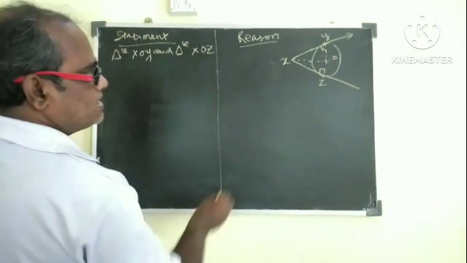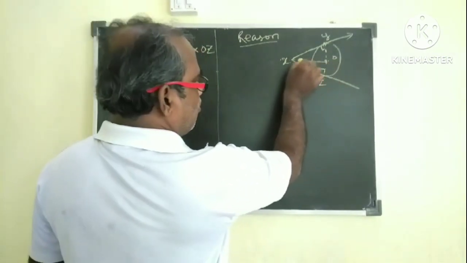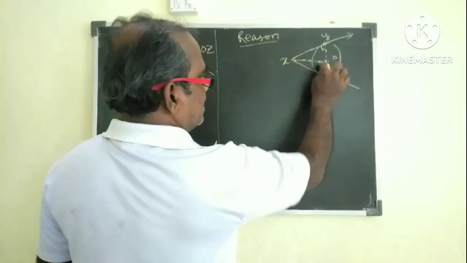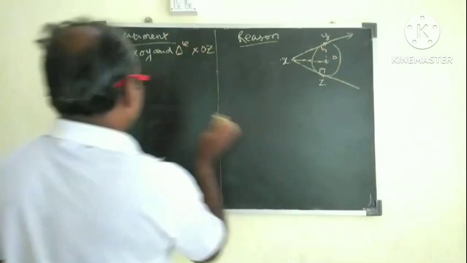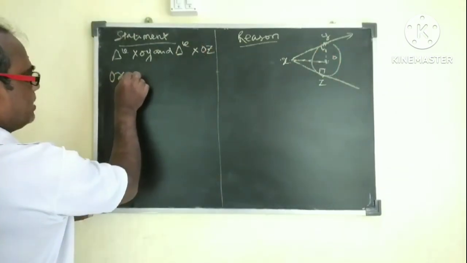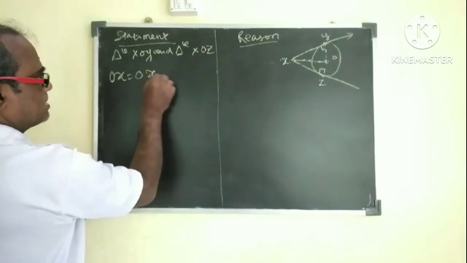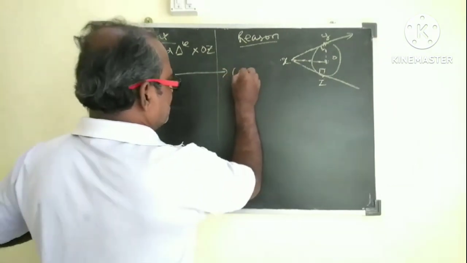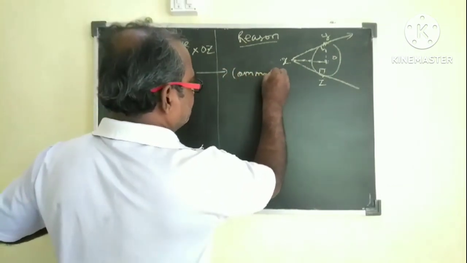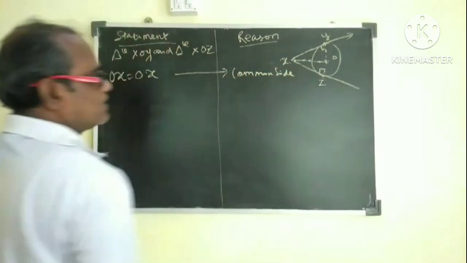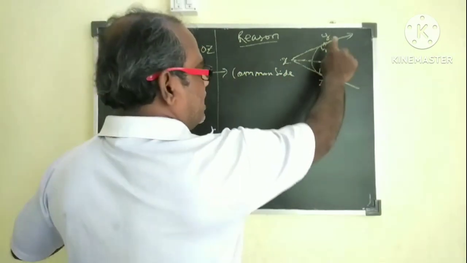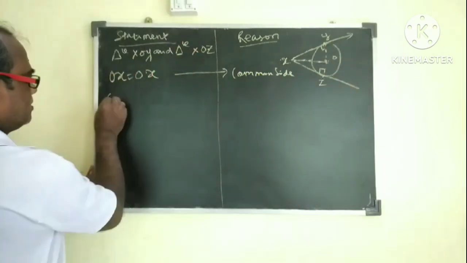The very first one is, we can see that this OX is a common side for these two. So we can write OX is equal to OX. The reason is common side.